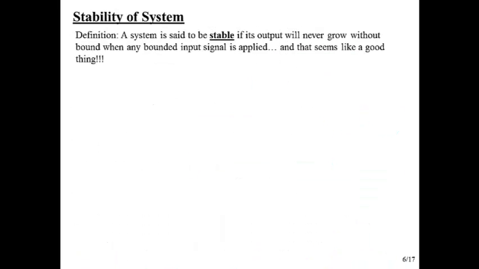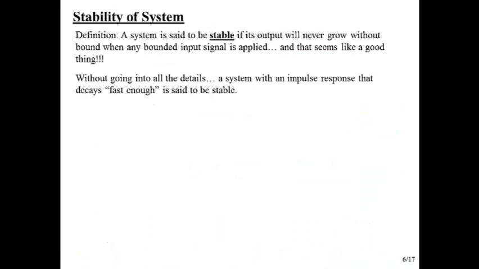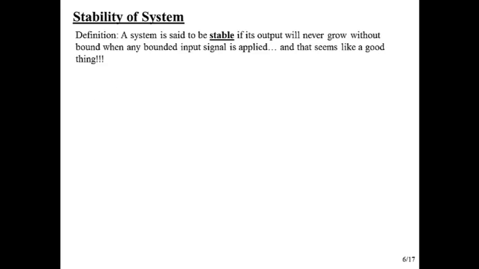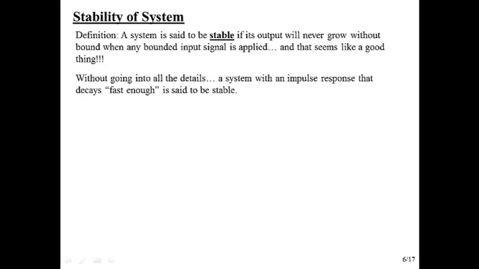So that leads us to this concept of stability. We define a system to be stable if its output will never grow without bound whenever any bounded input signal is applied. And that seems like a good thing to desire of our system.